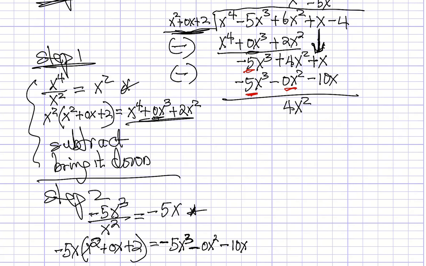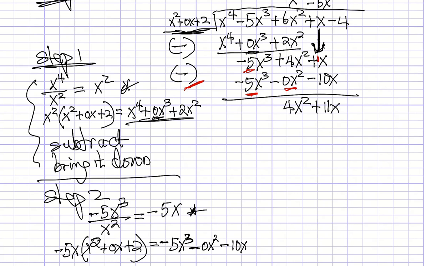And here, don't forget, we're subtracting, so it becomes a positive 10x. And then positive 10x plus x becomes 11x, because that's like 1x up here. I want to make sure you understand that. So we'll write it like that.